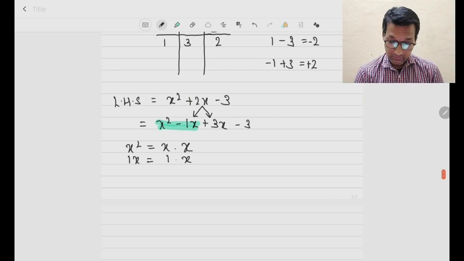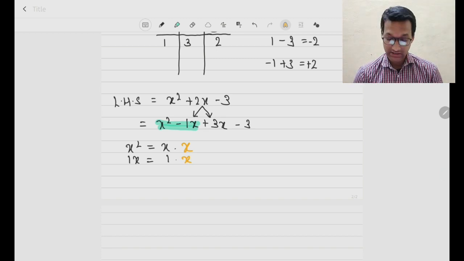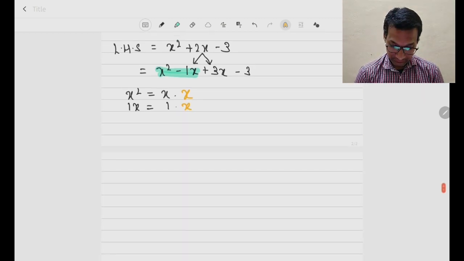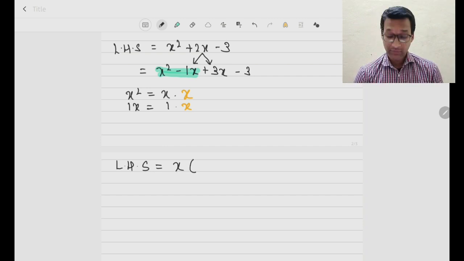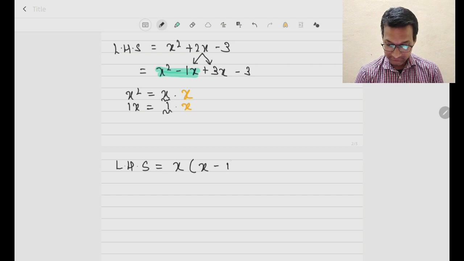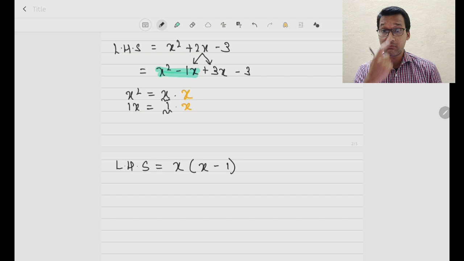The common part is x. On the LHS, we are going to take x common, and what is left now? In the first term x is left, in the second term 1 is left. Minus sign was in between them.